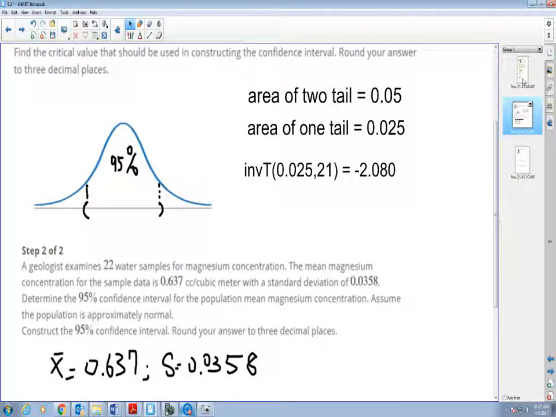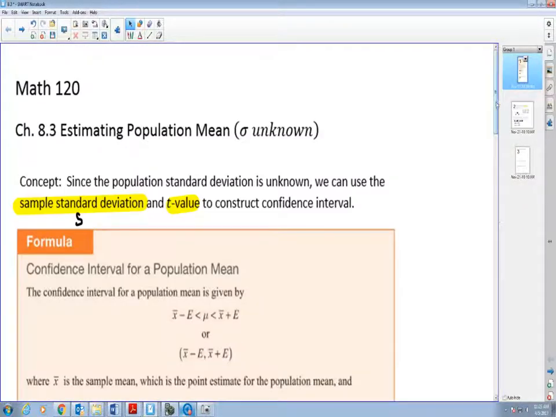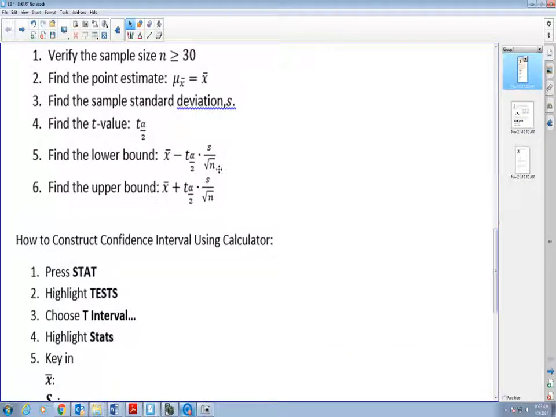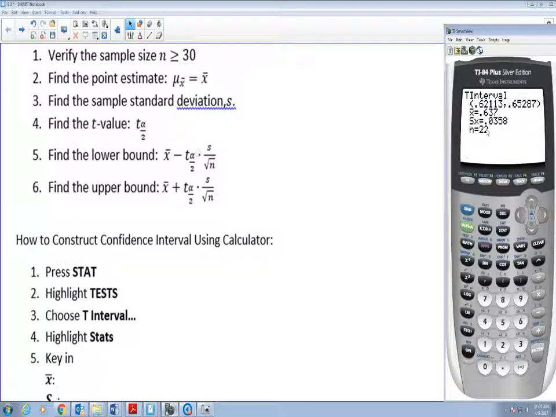Now I'm going to flip back to one page here. If I want to do that same problem by hand, I'm going to type it into the calculator.